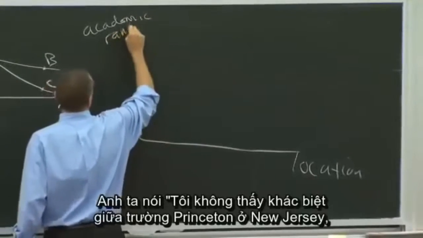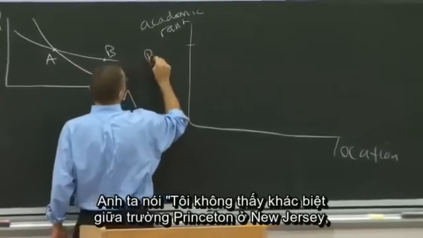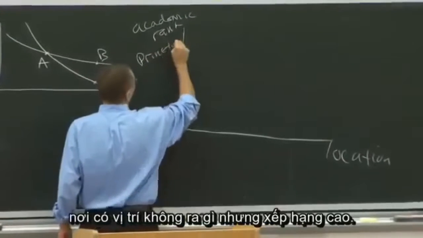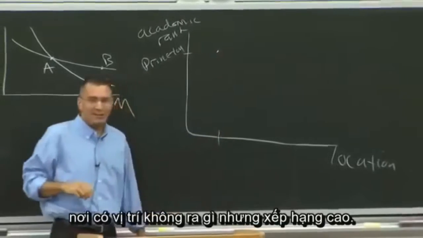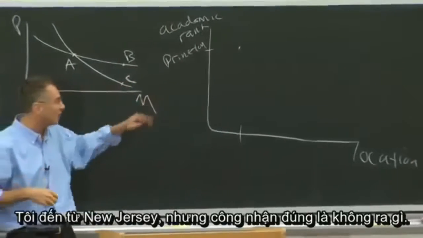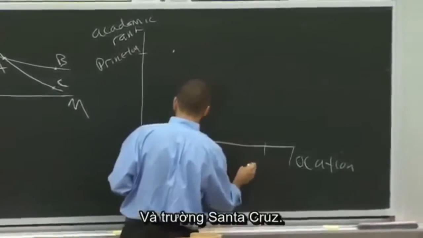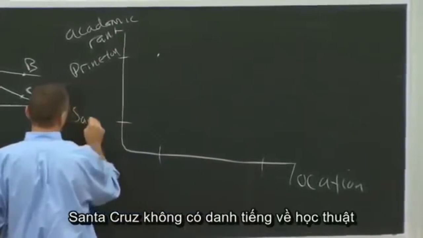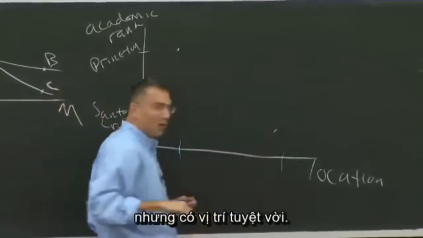And he said, look, I'm indifferent between Princeton, which has a bad location, but a wonderful academic rank. I'm from New Jersey, but it's still a bad location. And Santa Cruz, which has not such a good academic reputation, but a pretty awesome location.